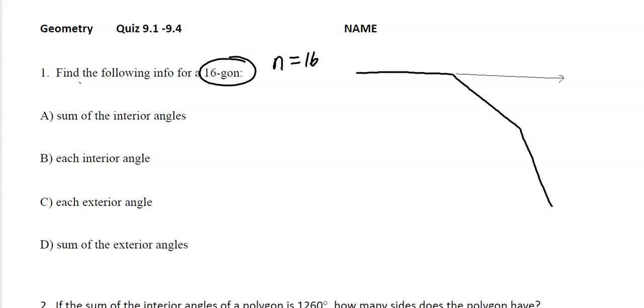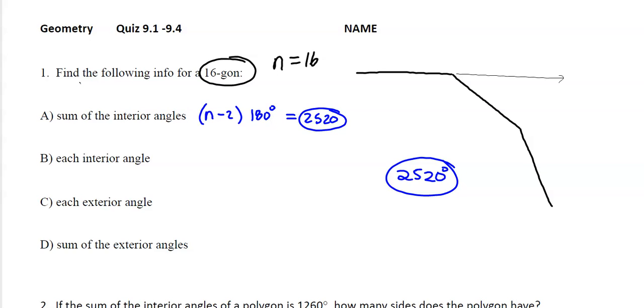If you want to start right off with the sum of the interior angles, you could just use the formula n minus 2 times 180. So that's going to be 14 times 180, which is 2520.